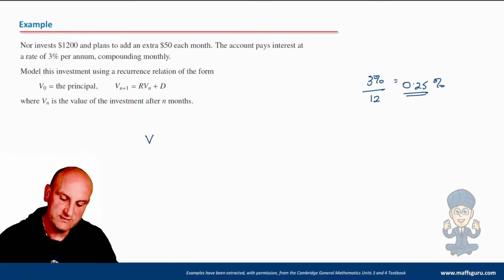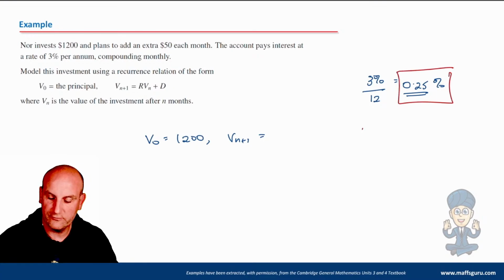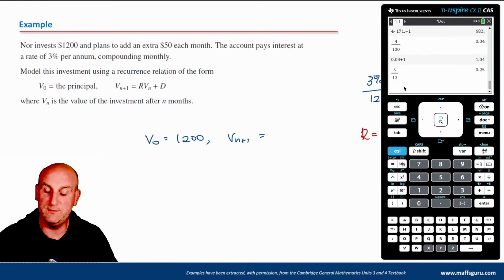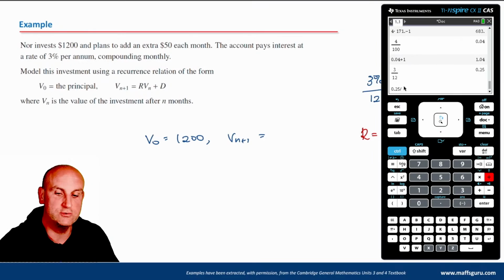Right, what do we have? V0 is my principal, which is 1,200. V of n plus 1 is equal to... I've now got to turn this little r into my big capital R. So I'm going to take that 0.25, divide it by 100, and add on 1. Why am I adding on 1? Simply because I want to make sure that I'm adding my interest on.